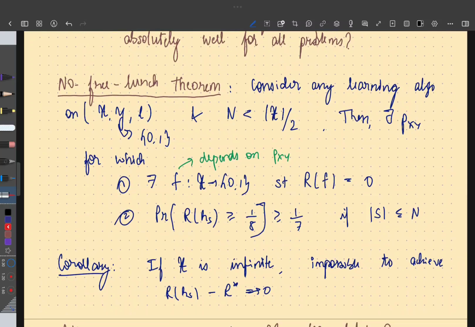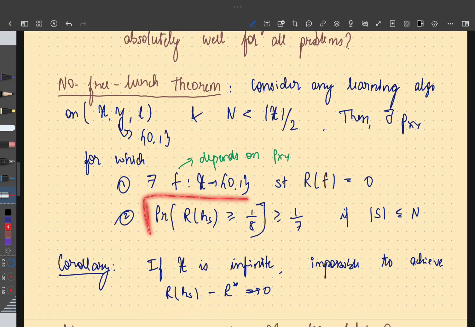Given any learning algorithm, if the number of samples is less than the size of the domain set divided by 2, then there is some learning problem, by which I mean some joint distribution Pxy, such that there is actually a predictor drawn from the space of all possible functions from X to {0,1} that achieves 0 risk, but no learning algorithm will be able to learn a predictor that does even close to this.